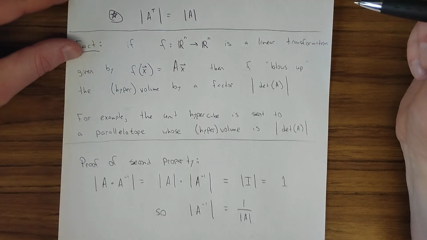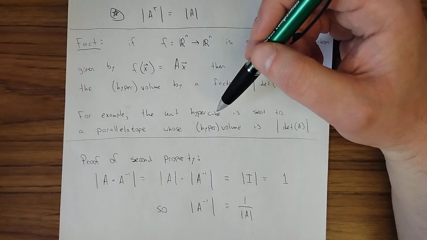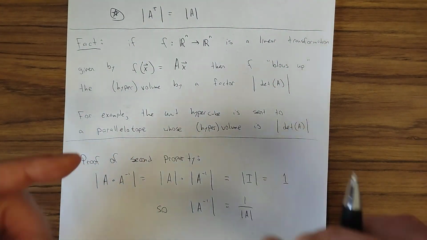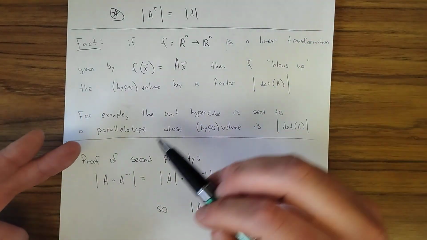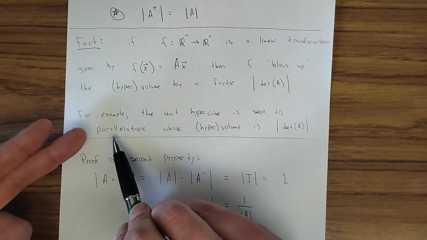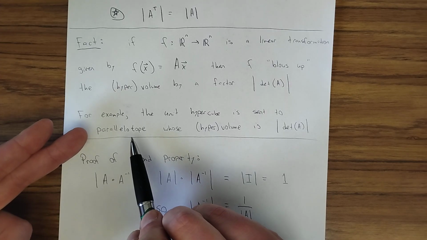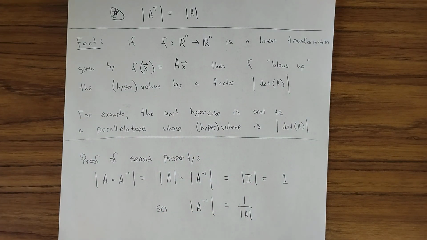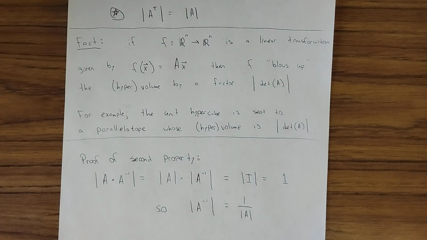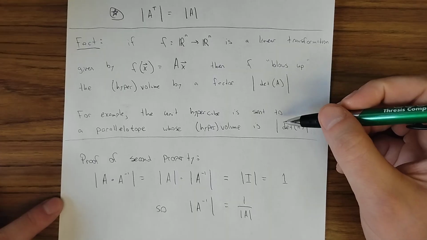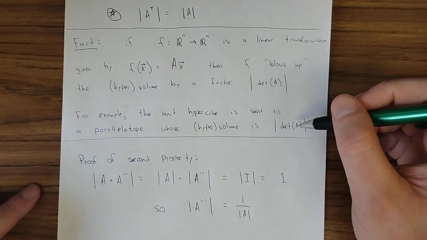In general, if you take the image of the unit hypercube, so that's a 1 by 1 by however many ones you need because we're in n-dimensional space, and you look at the image of that under this linear transformation, in 3 dimensions we call it a parallelepiped, in 2 dimensions we call it a parallelogram, in arbitrary numbers of dimensions we call it a parallelotope. And its hypervolume, which is just the natural generalization of volume to n dimensions, is given by the absolute value of the determinant again.